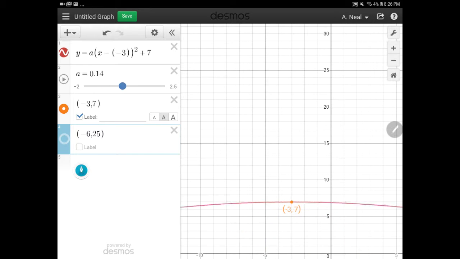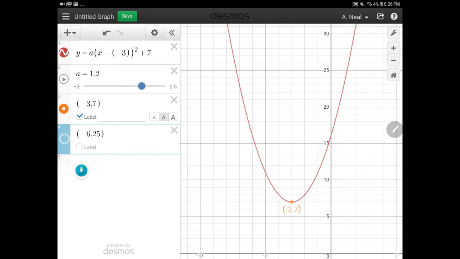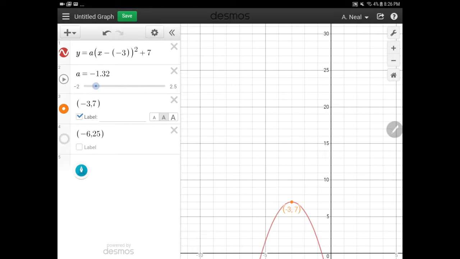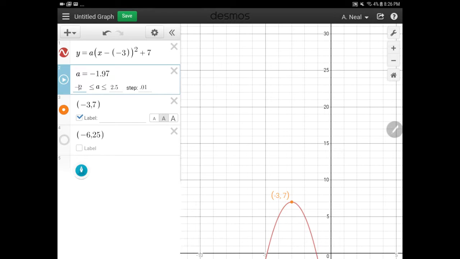So in other words, what I'm trying to get at here is that when you have only the vertex in, it actually describes a lot of different parabolas. This one, and that one, and that one, and this one, and all of these ones, and way more too, because I've kind of narrowed my search here.